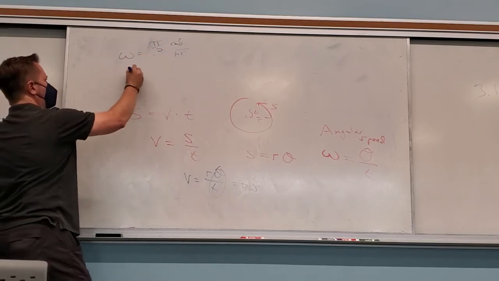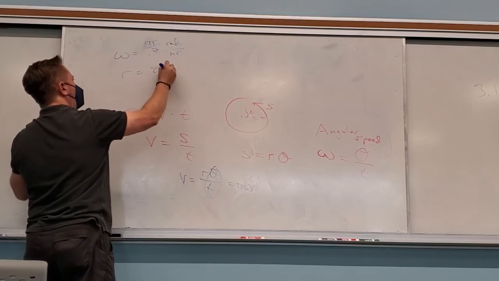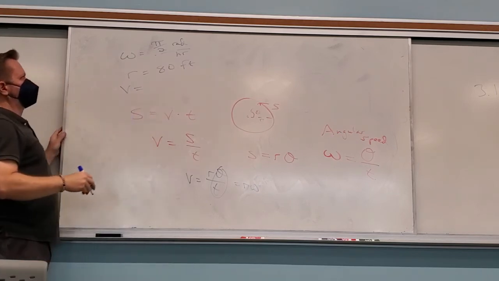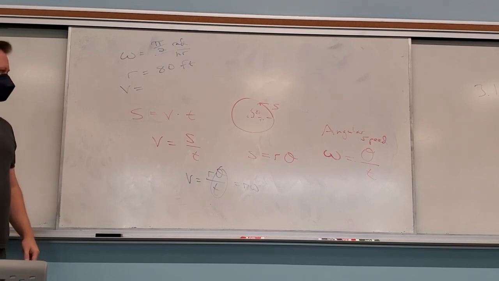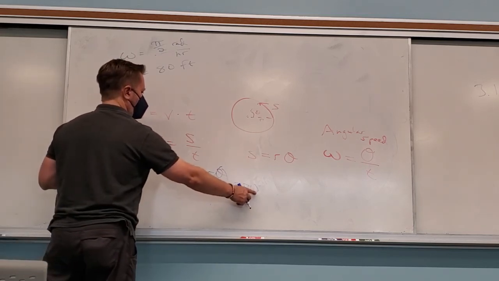And the radius of the circle I'm traveling on is 80 feet. What is my velocity? What's the formula say to do? V equals R omega, right, R omega.